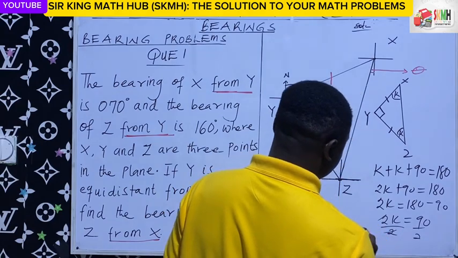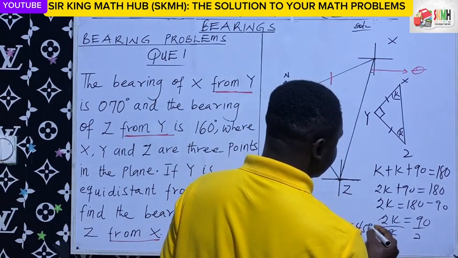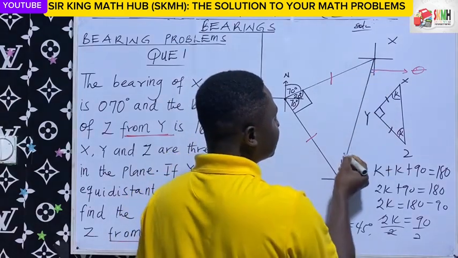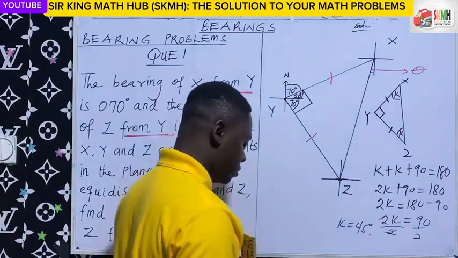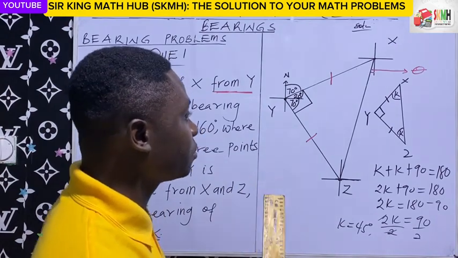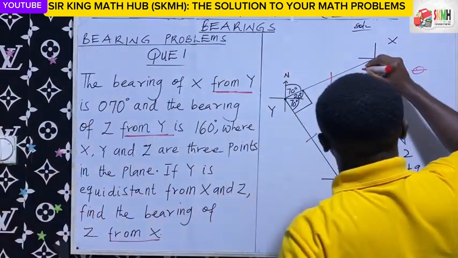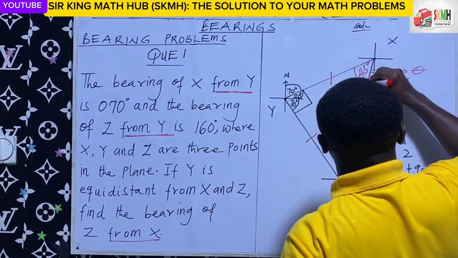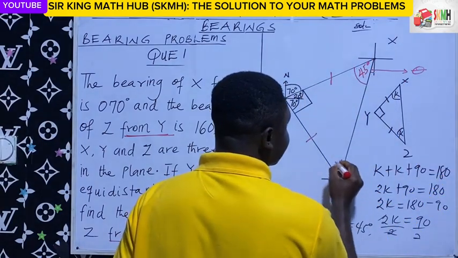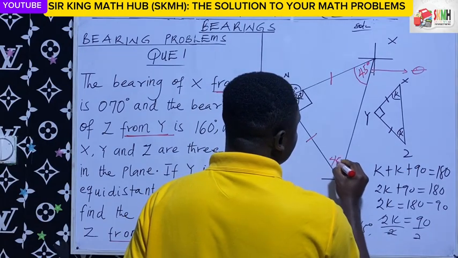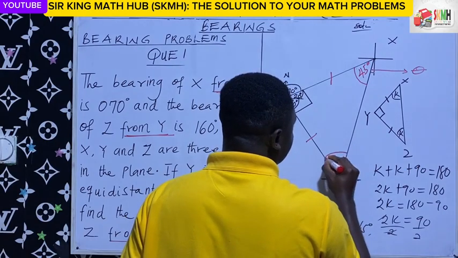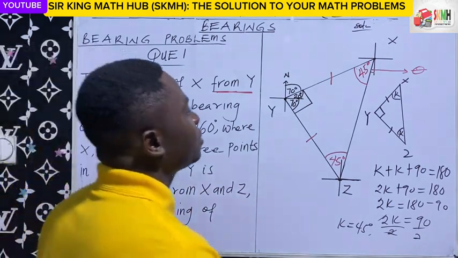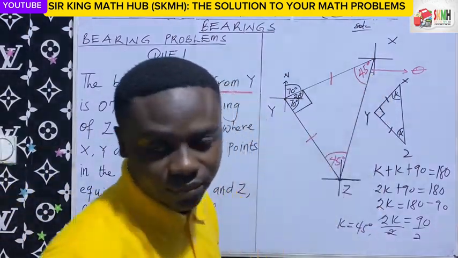K is 45 degrees. So it means that each of the interior angles here measures 45 degrees. So the whole of this angle here measures 45 degrees. Then the whole of this angle here also measures 45 degrees. So now how do we get this angle?